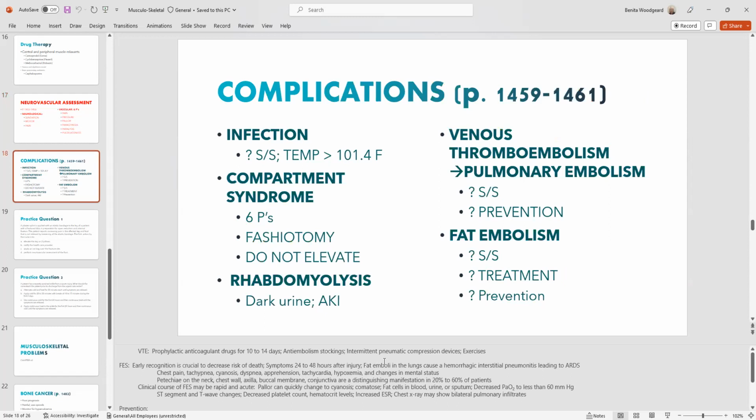Musculoskeletal complications. Again, these are a list of all of them, but if I was to ask you which one is most dangerous, which one would you see first, you would have to go with the airway breathing issue, which would be a fat embolism or a pulmonary embolism.